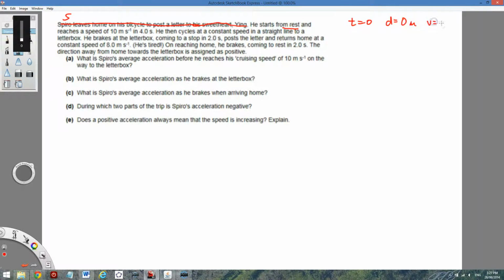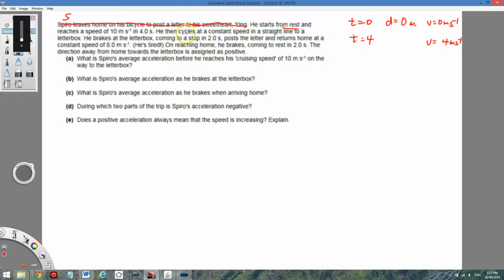Also, his velocity will be 0 meters per second because he starts from rest. And he reaches the speed in 4 seconds. So when the time is 4, his speed is 4 meters per second.